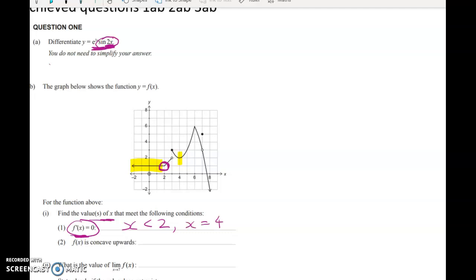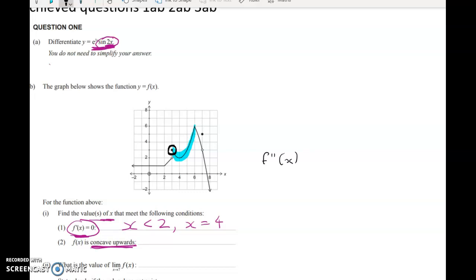Next, we have to figure out where f of x, where the function is concave upwards. So concave upwards is what's happening here up to here. And again, we have to watch out for our endpoints. Concave upwards is asking a question about the second derivative.